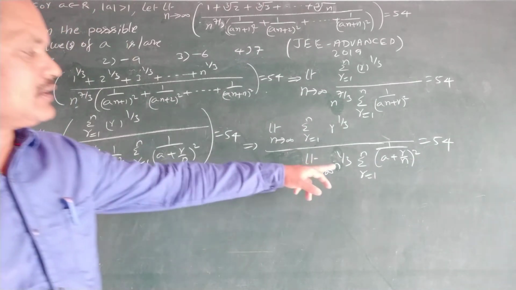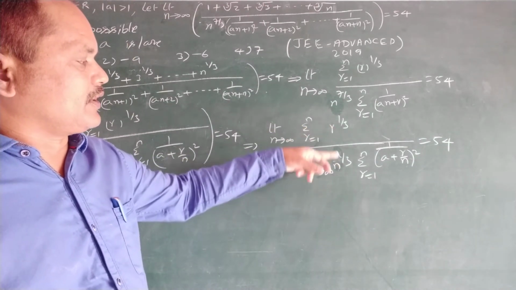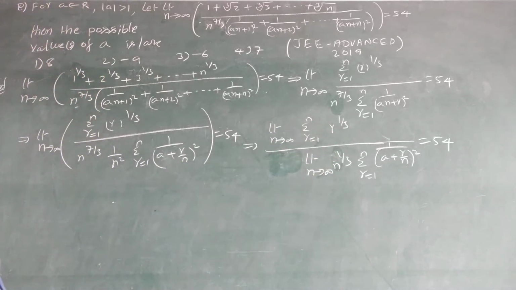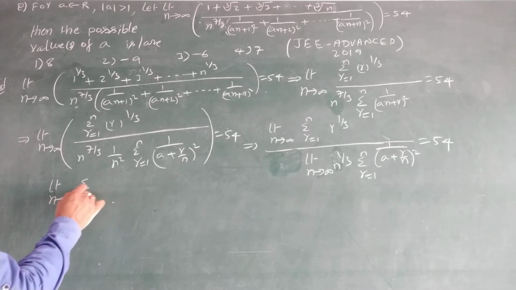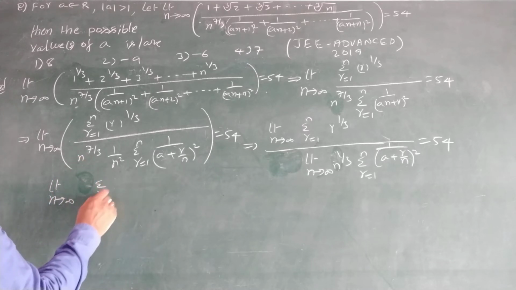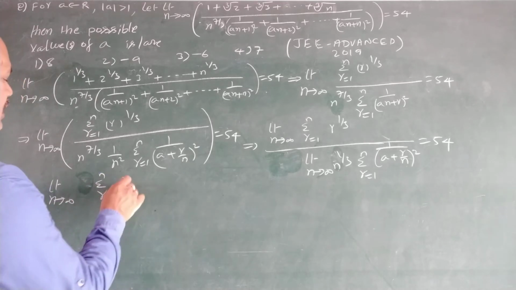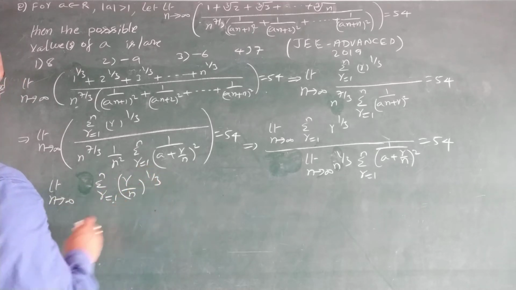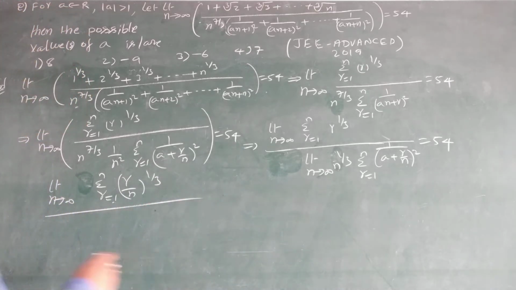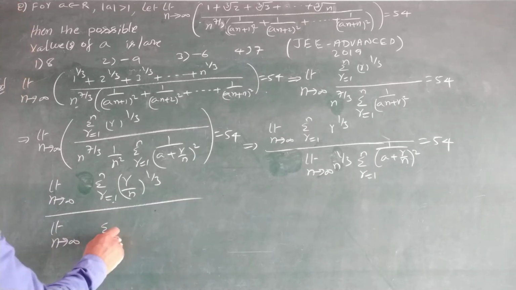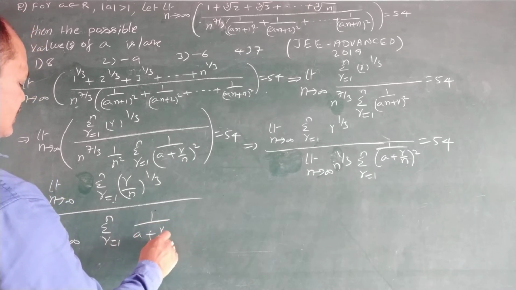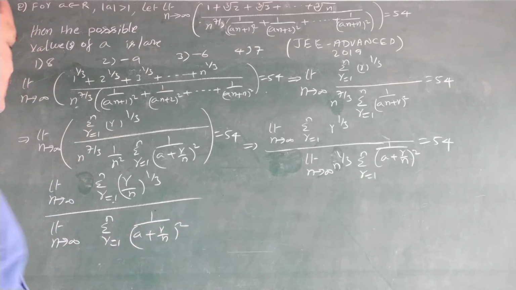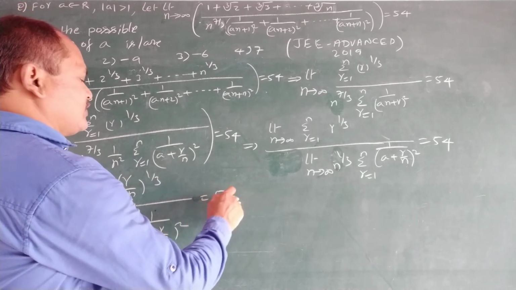Okay, right. This n^(1/3) and r^(1/3) can be written together: the limit of the sum r = 1 to n of (r/n)^(1/3) times 1/n, divided by the limit of the sum r = 1 to n of 1/(a + r/n)^2 times 1/n, is equal to 54.